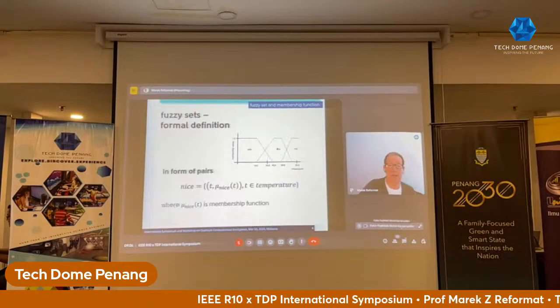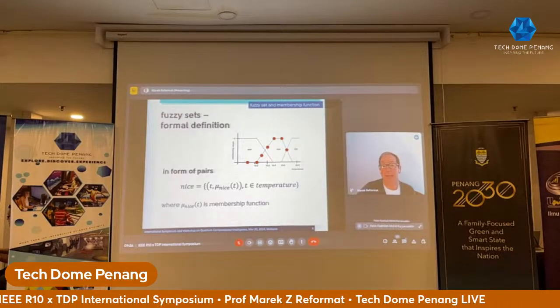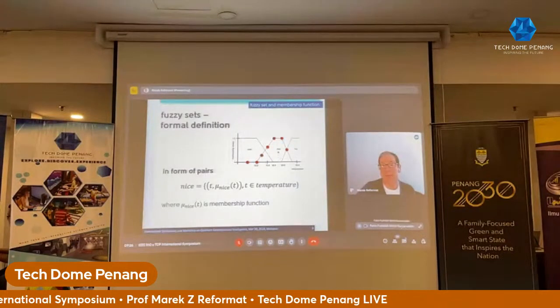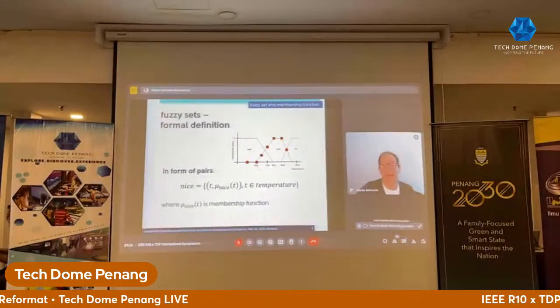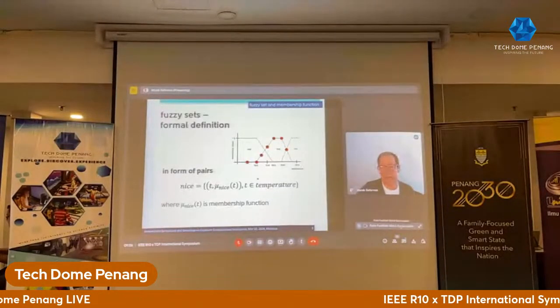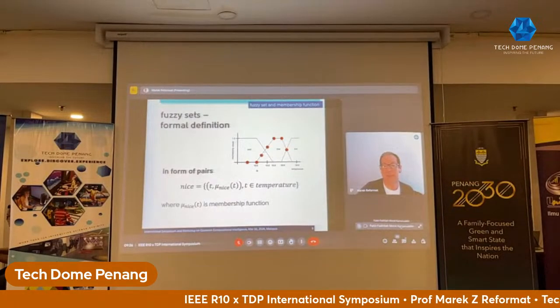In case of the fuzzy set, it's the same type of thing. If we have the same temperatures, then we have a degree to which each temperature belongs to the ice. So in this case we are not concerned about the ice itself. This is just a mathematical expression which defines a function.